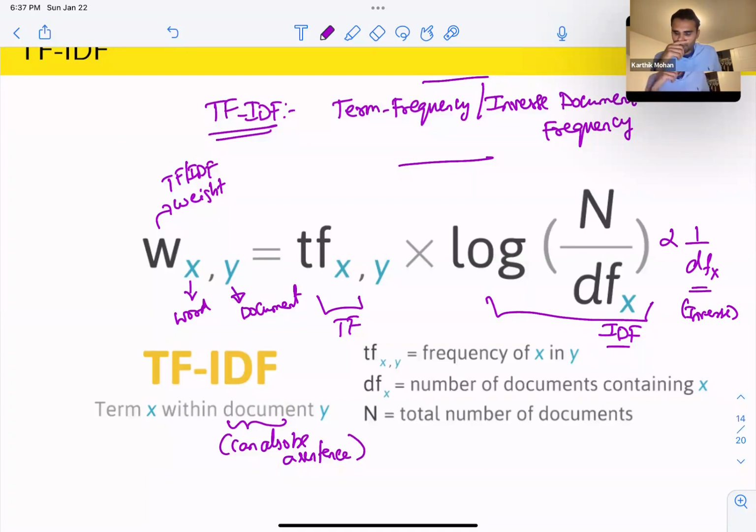Here we're actually looking at not just one document, but multiple documents. Let's say I have 10 documents and a word shows up across these 10 documents. Either this word is important and the topic of these documents is the same, like if you're talking about politics, then you're going to see White House or Republican or Democrat show up in all these documents.